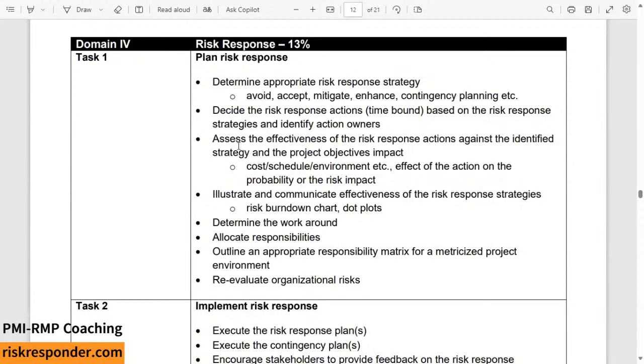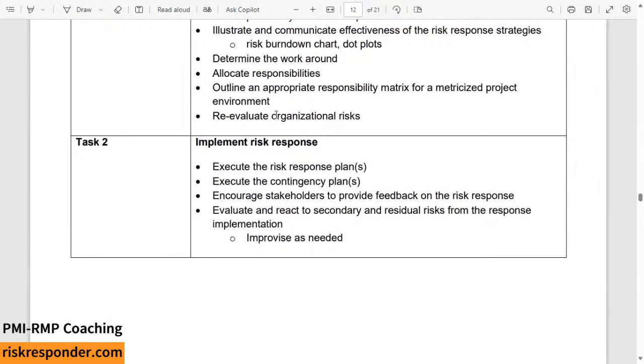When you have better understood these risks, you then move into the risk response, domain 4. In the risk response, you're trying to determine an appropriate response to the risks based on what you know today, based on what you are currently aware of. Then you implement the risk response.